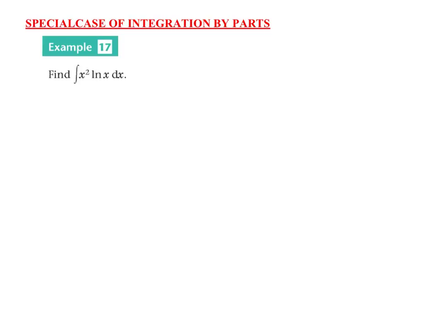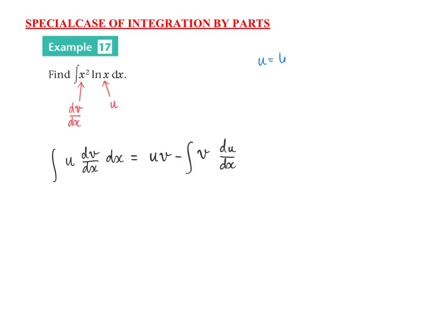So that there is going to be our dv by dx, so we're going to integrate that, and that one there is actually going to be our u. We apply our formula again, and we're going to choose our u to be ln x, and our dv by dx is equal to x squared.